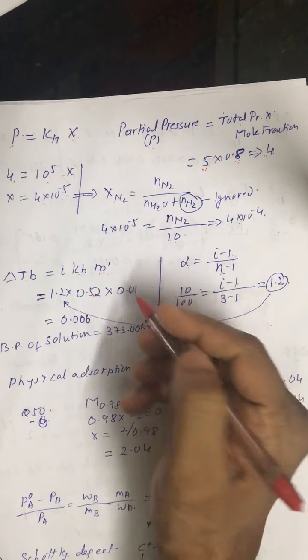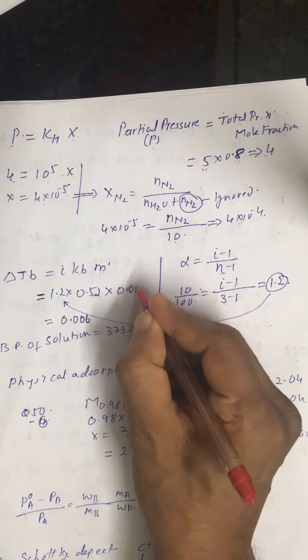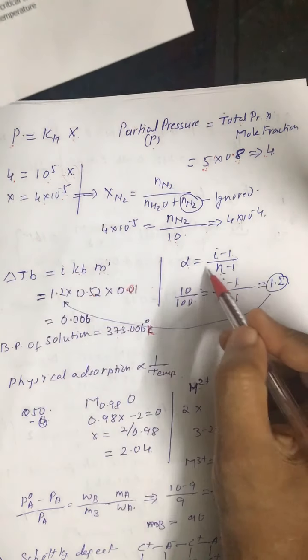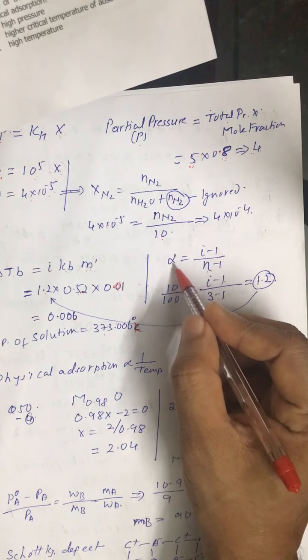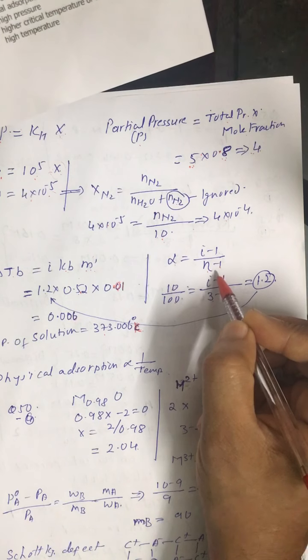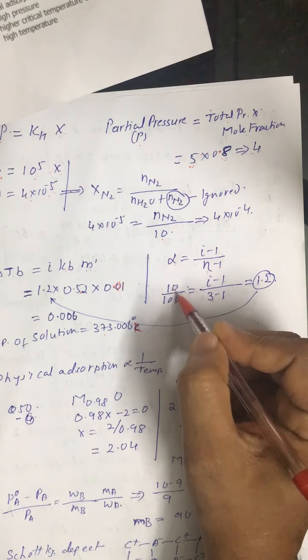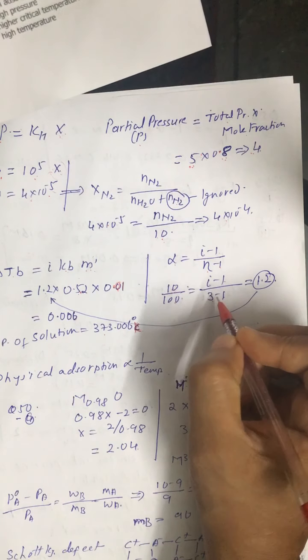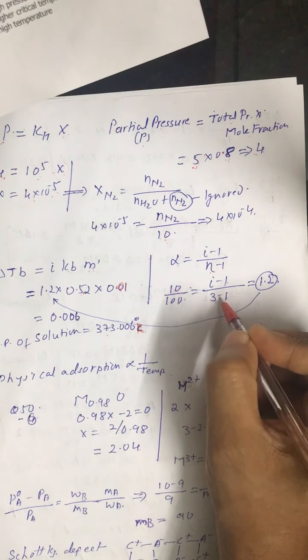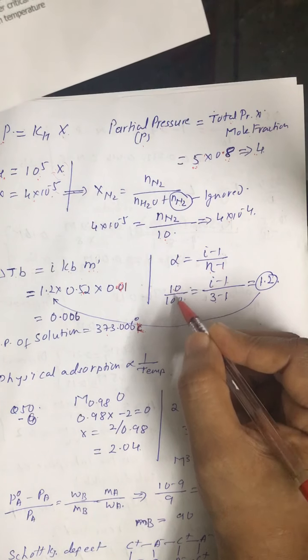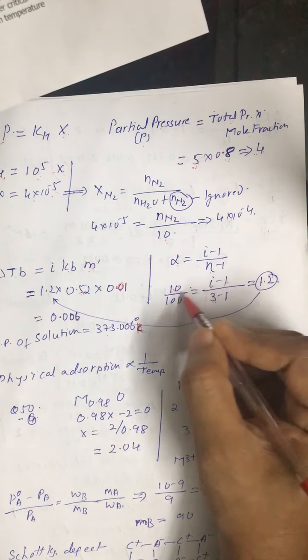Molality is given, 0.01. I we can calculate from the relation alpha equals I minus 1 upon eta minus 1. Alpha is 10 by 100, so that is 0.1. Eta is 3, minus 1 is 2, into 0.1 is 0.2, so I is 1.2.